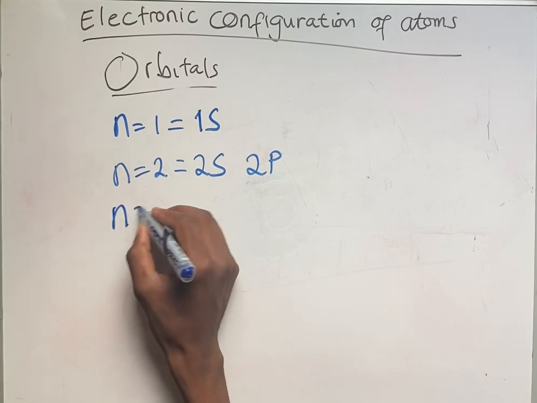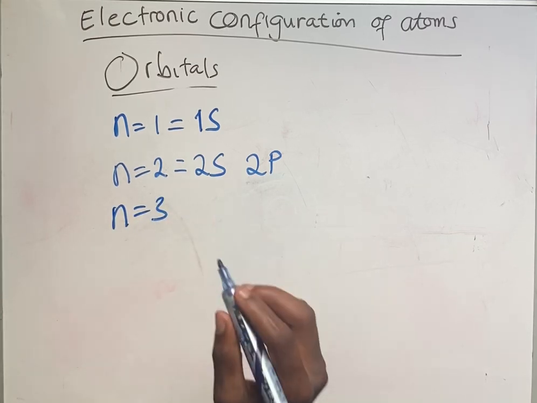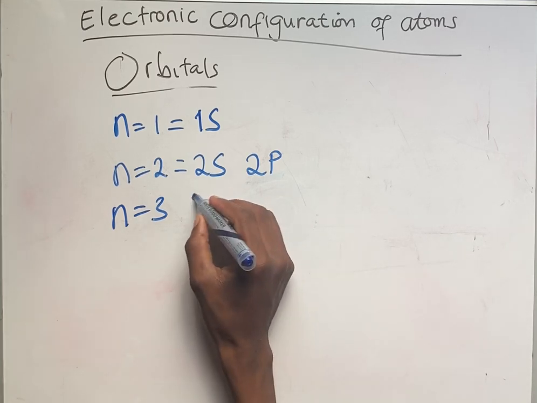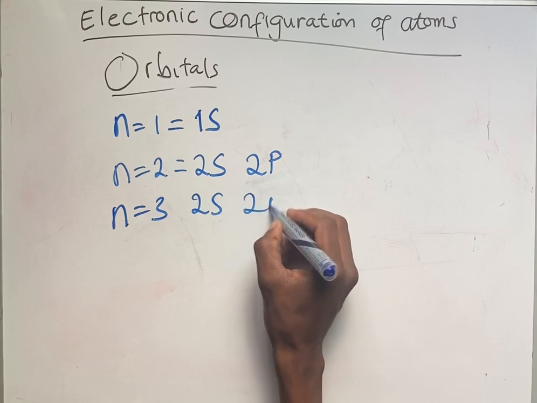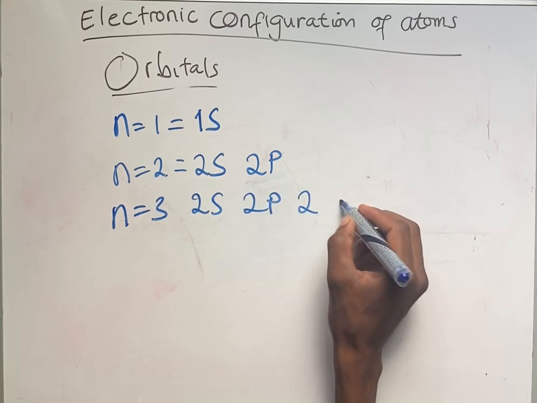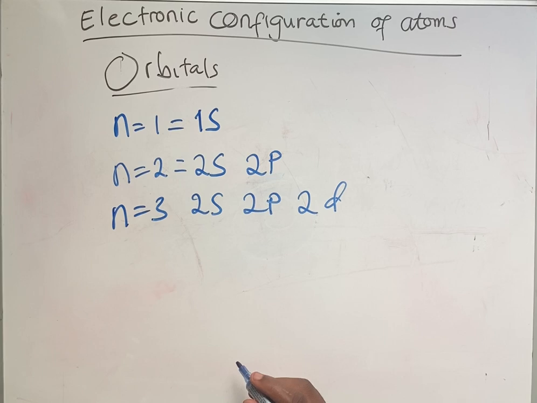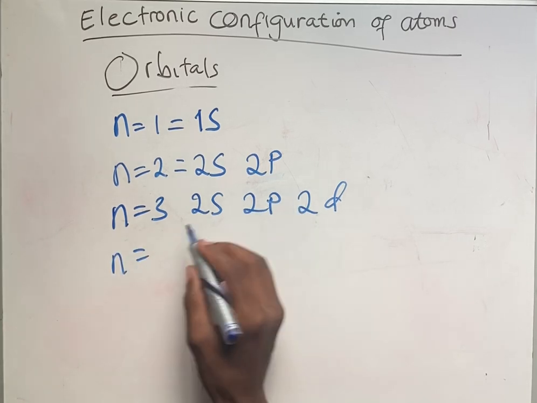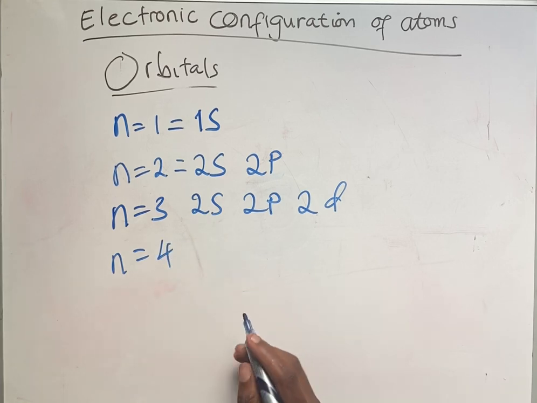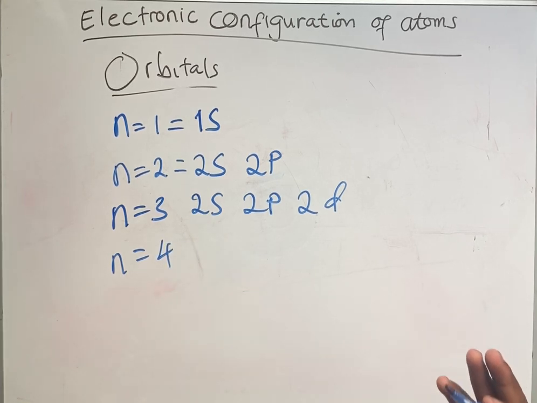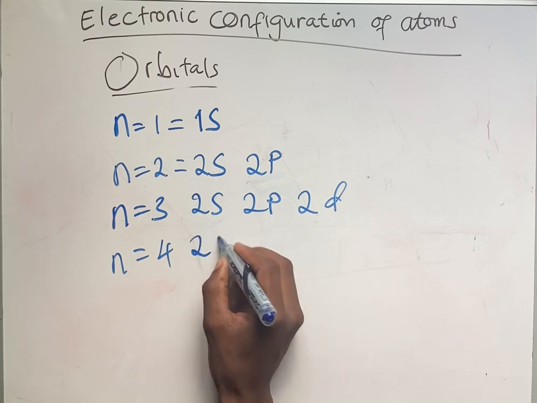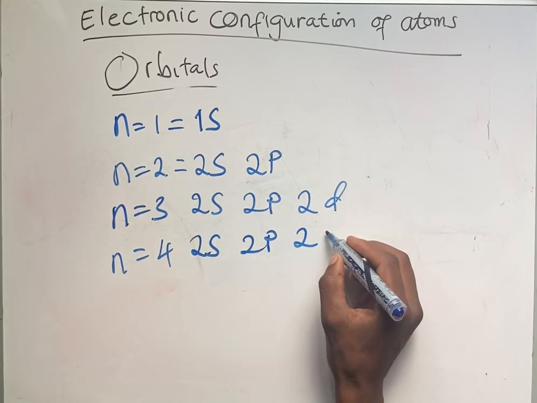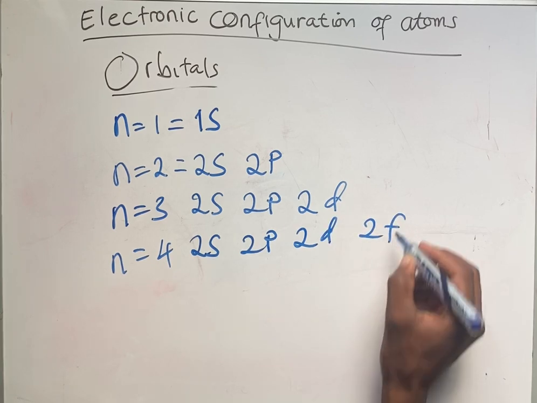When n is equal to 3, it has 3 subshells: the 3s, the 3p, and the 3d. When n is equal to 4, it has 4 subshells: the 4s, the 4p, the 4d, and the 4f.